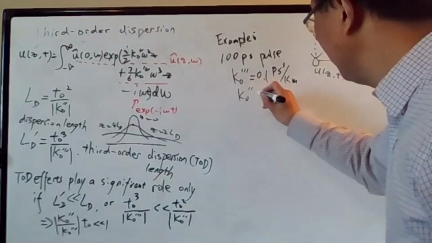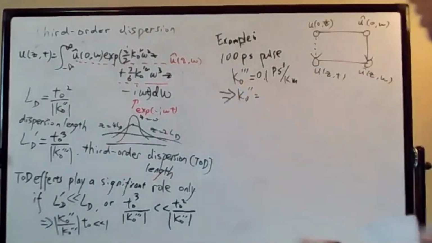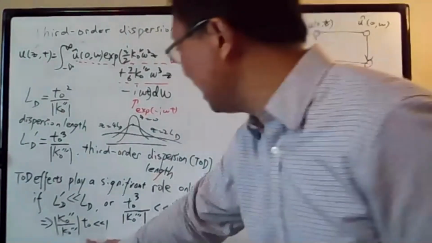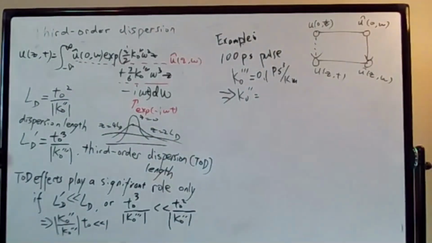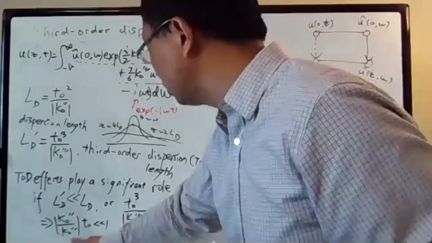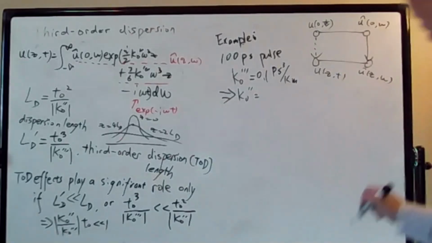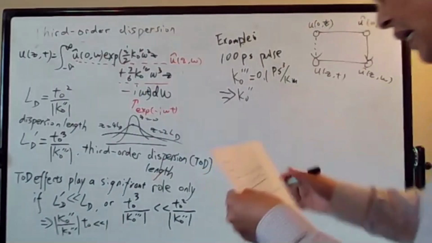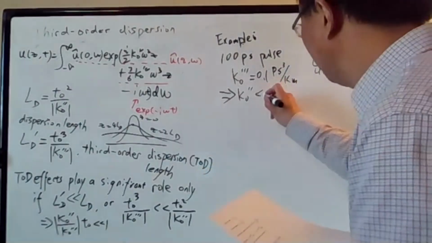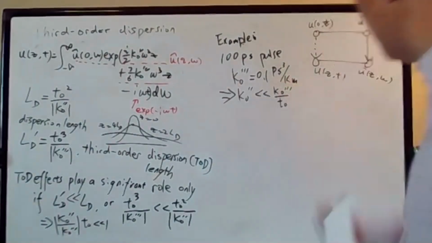My K naught double prime needs to be way less than K naught triple prime over T naught.